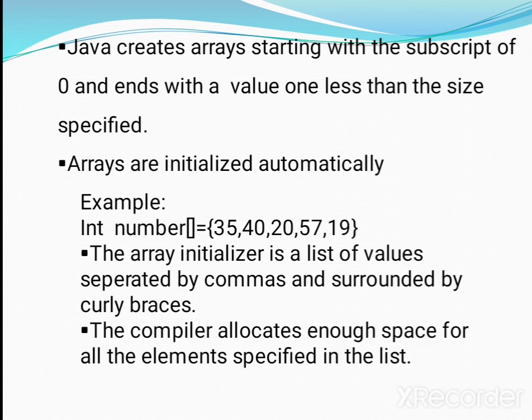The array initializer is a list of values separated by commas and surrounded by curly braces. The compiler allocates enough space for all the elements specified in the list.